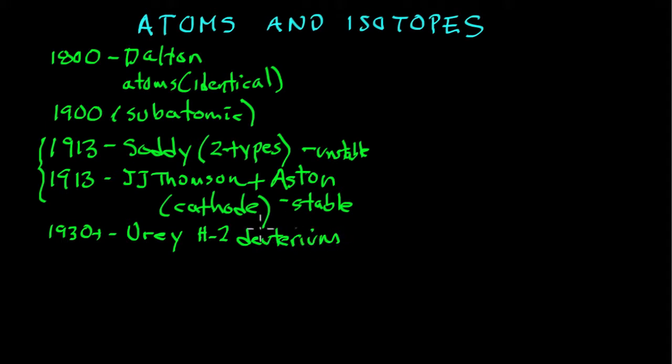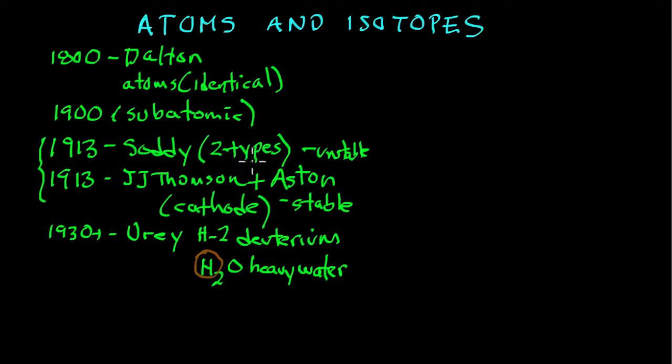In water, the formula H2O, if this hydrogen happened to be a heavy hydrogen, H2, this became what's called heavy water. It was used in nuclear reactors as a moderator and a coolant, mainly as a moderator.